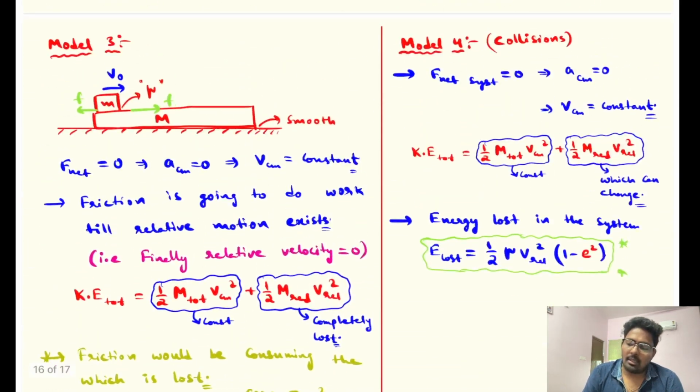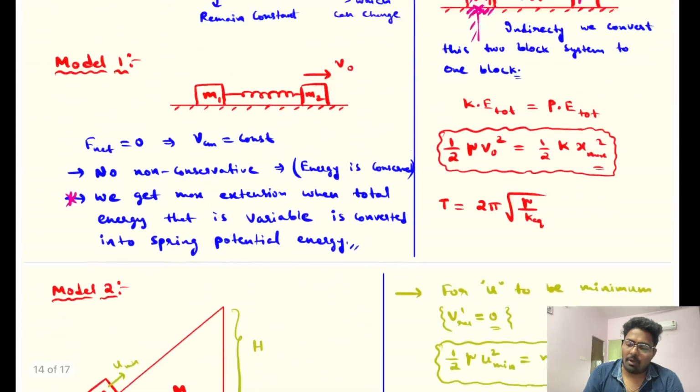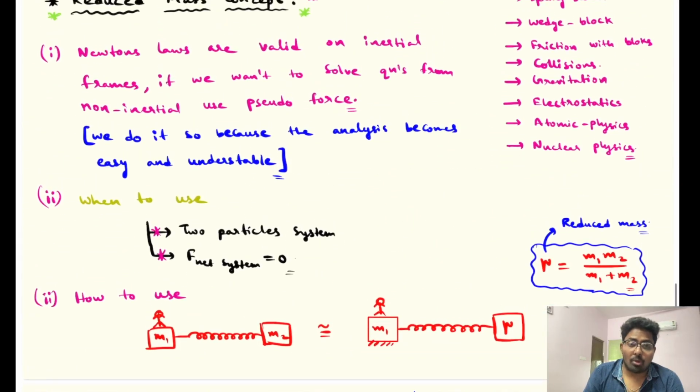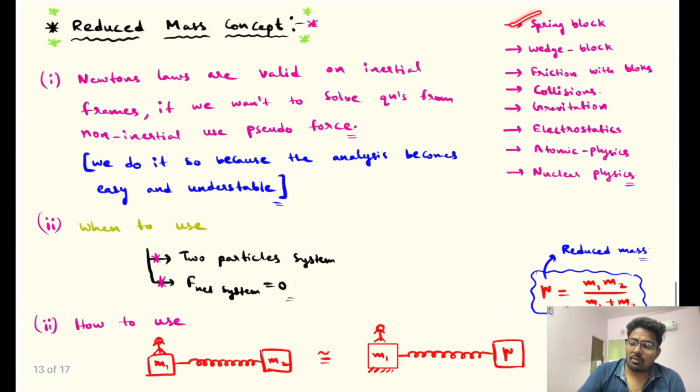By the help of the reduced mass system, we have tackled questions from 8 different chapters. Through all these models that I've covered, by this time you would have got clarity that it's obviously a very, very important concept.